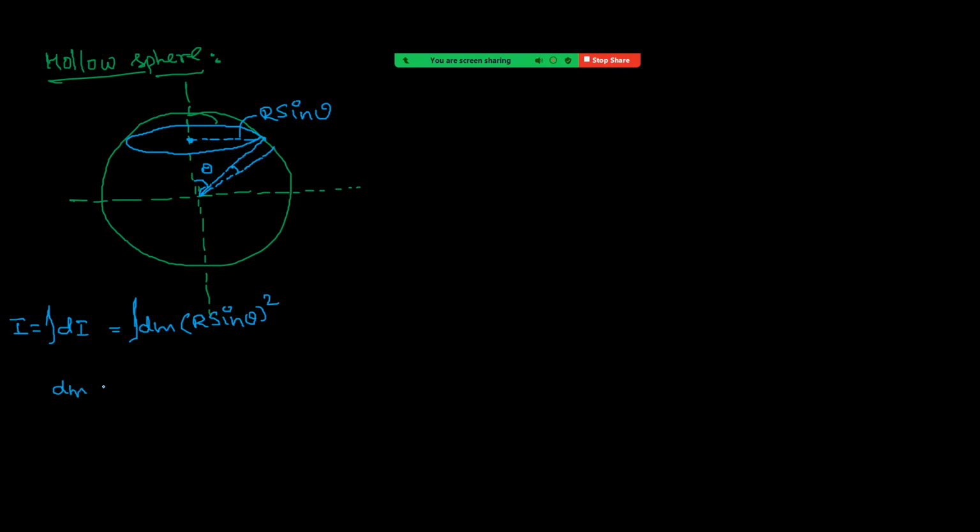Dm. Hollow sphere means mass is only on the surface, so we take mass per unit area, that is m by 4 pi r square.